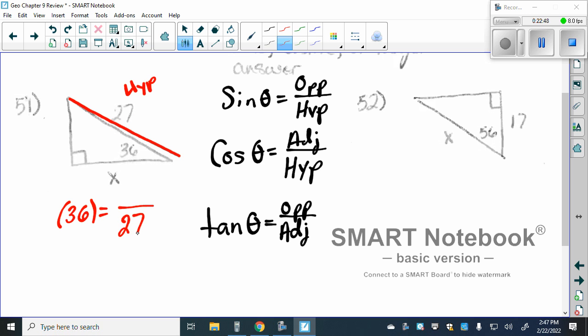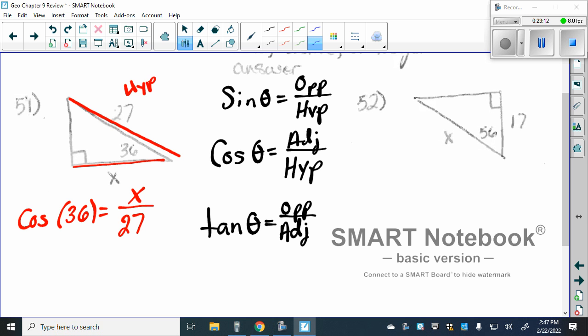Well, for sine or cosine, the hypotenuse is always in the denominator. Now, the other side that we're looking for has x, and is it adjacent to or opposite that angle? It's adjacent, so we would use cosine. So cosine of 36 is equal to x over 27.